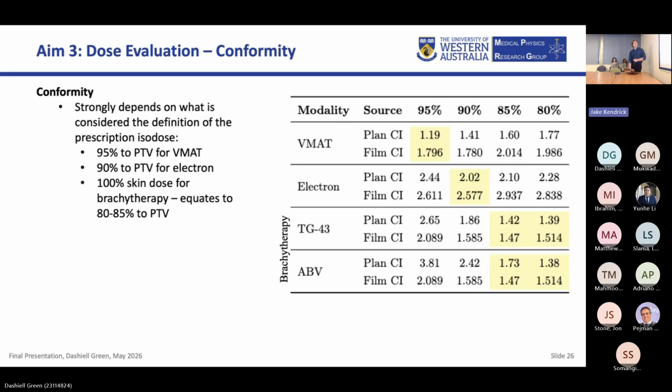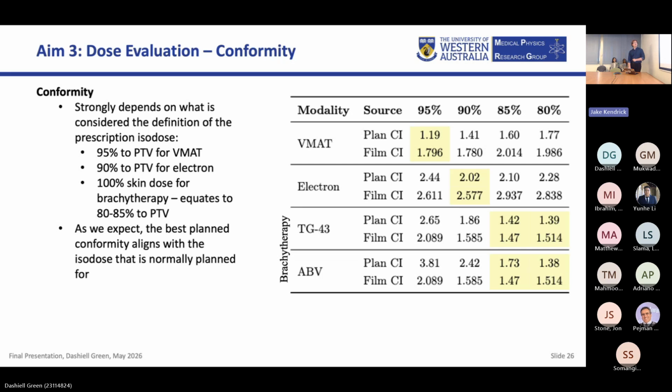So conformity really does depend strongly on the definition of the prescription isodose. So they are all planned differently. VMAT is planned 95% to the PTV, electron is 90% to the PTV, and then 100% skin dose is what's planned for brachytherapy. And this equates to about 80 or 85% to the PTV.